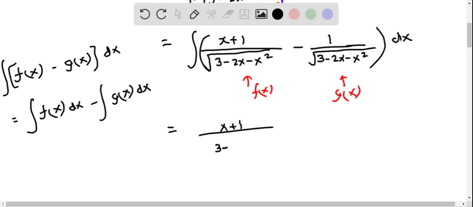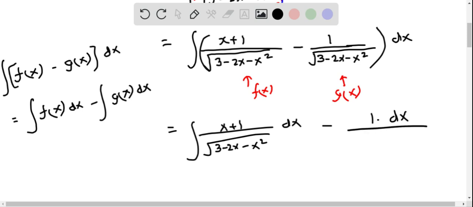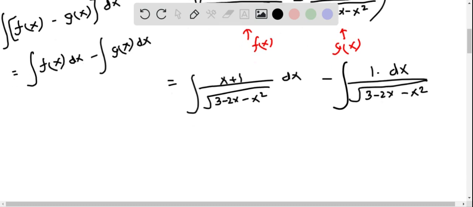So when I use the integration property, I will get the first part as the integral of x plus 1 over the square root of 3 minus 2x minus x squared dx. This is one integration, and the second integral is 1 times dx over the square root of 3 minus 2x minus x squared. So basically we have got two integrals.